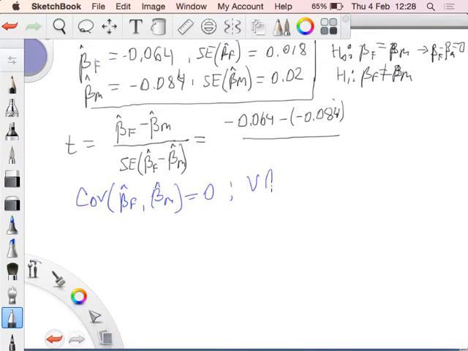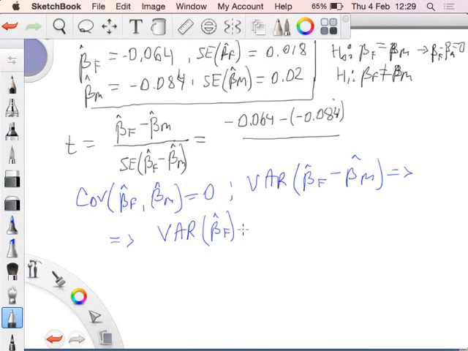And in that case, the variance of the difference will boil down to this thing. I shouldn't have put the covariance, but let's put it just for the sake of understanding it properly.